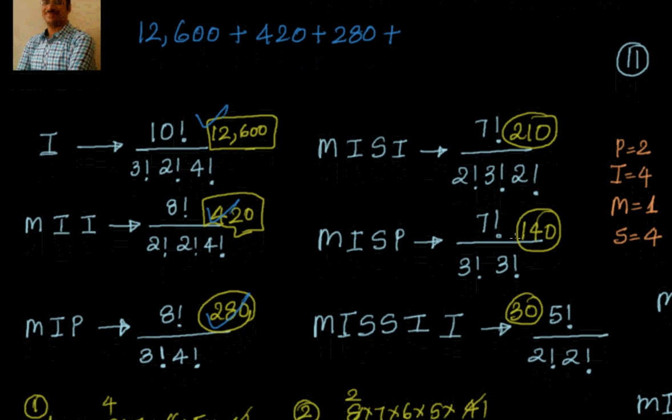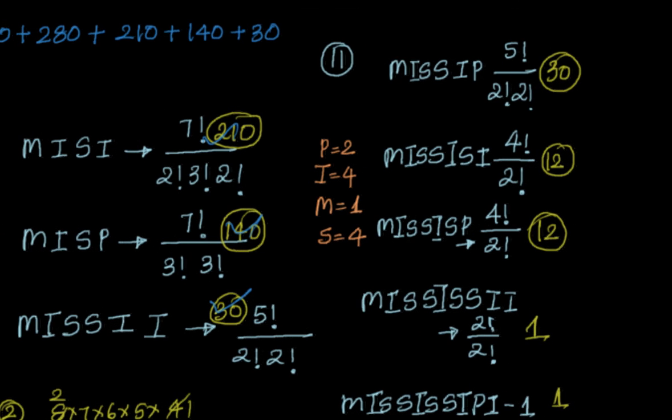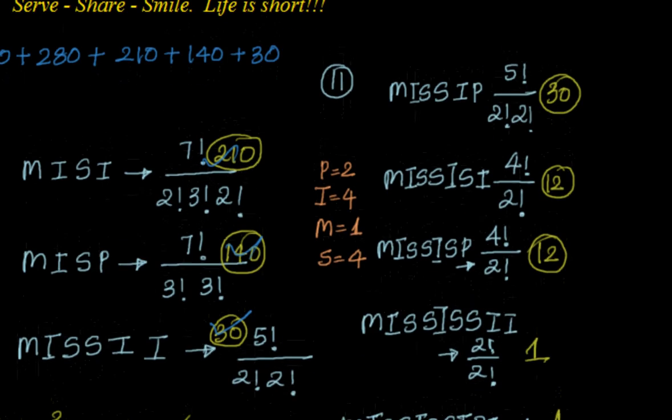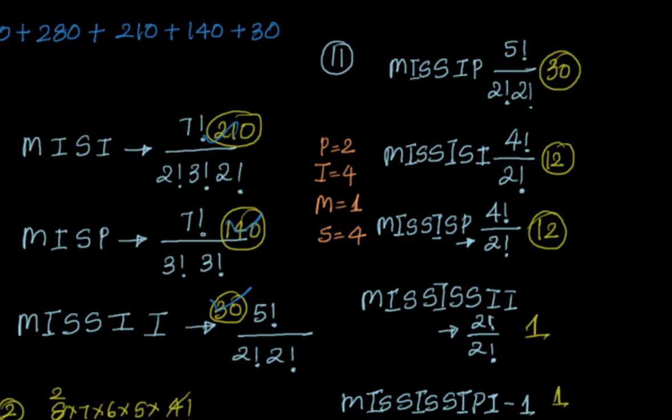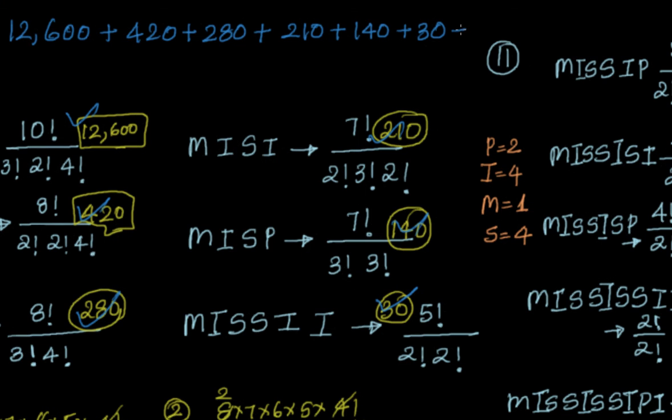No. We have 210, 140, 330. 210, we have 140, then we have 130 here. So I'll put a tick mark there so that I don't go to them again. That is done. Then we are left with 30, 2 12s and 3 1s. One more 30, then we have 2 12s and after that we have 3 1s, which is equal to 3.